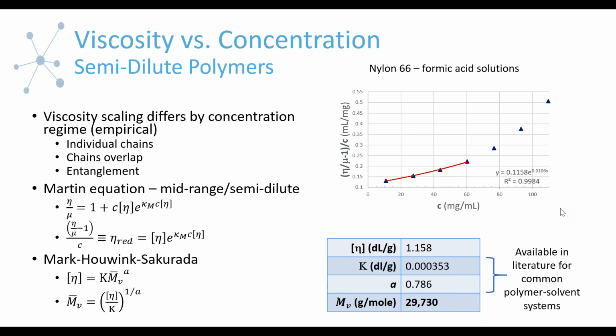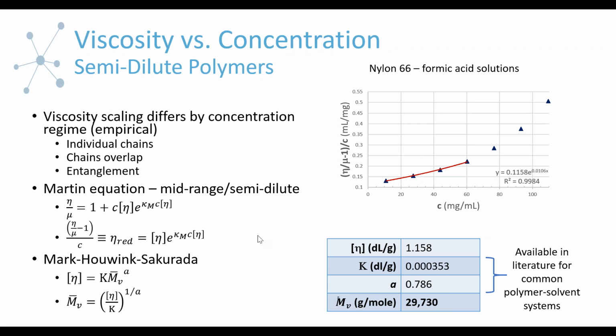So we fit it over this mid-range of concentrations, and I found that if I narrowed the range and only fit the first few points, the fit quality did not improve. But if I went beyond 60 milligrams per milliliter, then the quality of the fit dropped drastically. So this seemed to be the appropriate range for this set of data.